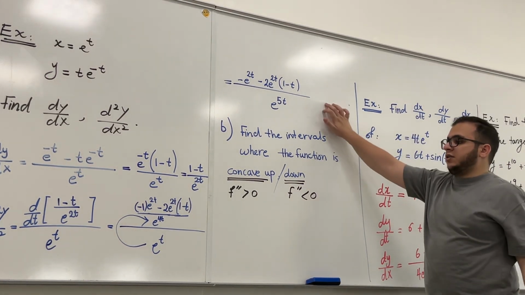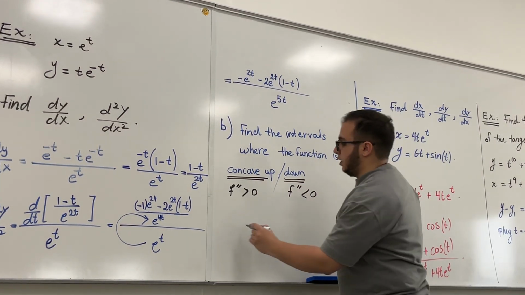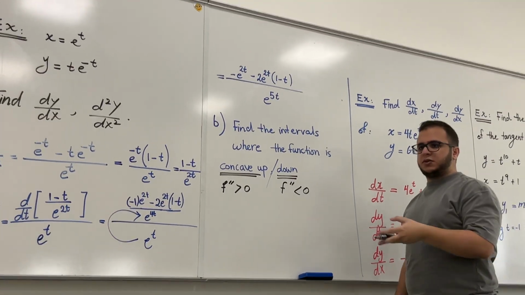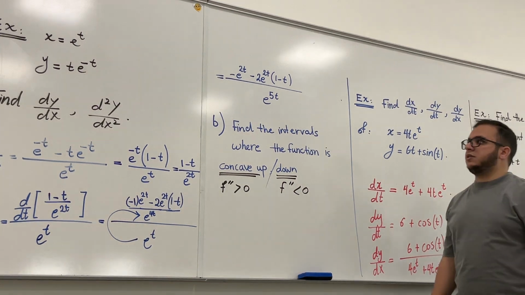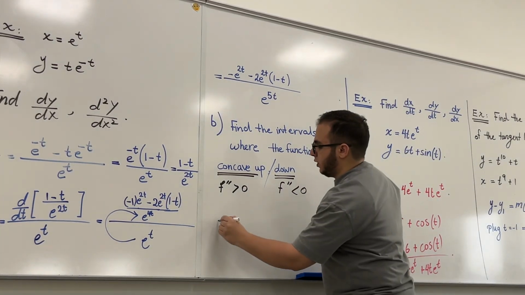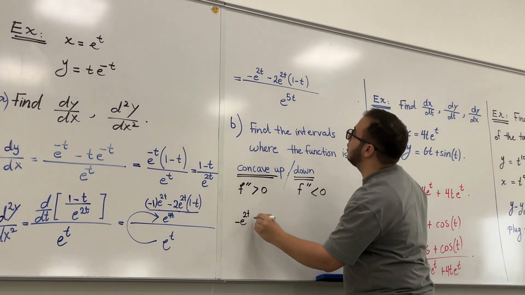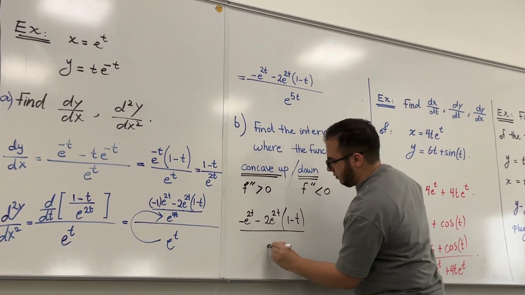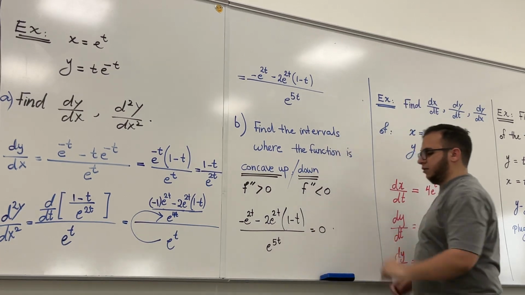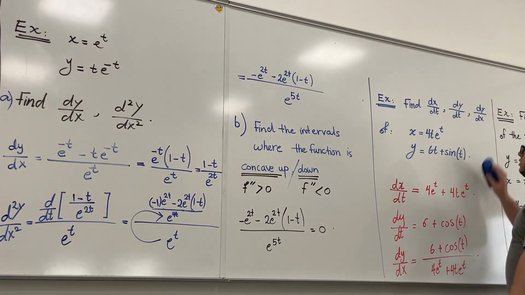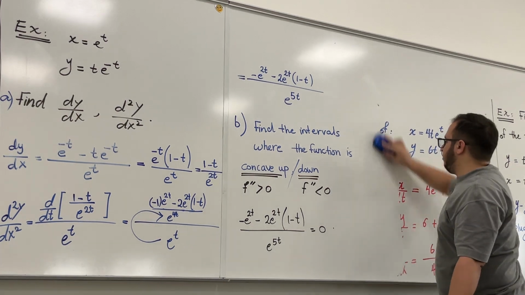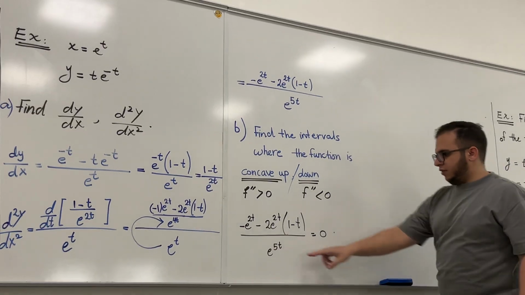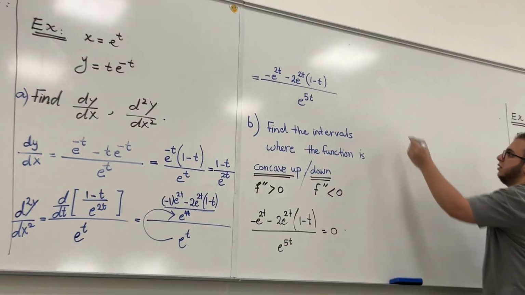So this is the second derivative. So now equate it to 0. Find what we used to call inflection points, and then you plug them in the number line. Now a fraction equals 0 only if what? Only if the numerator equals 0, and the denominator will never be 0, so you can just multiply it to the other side.